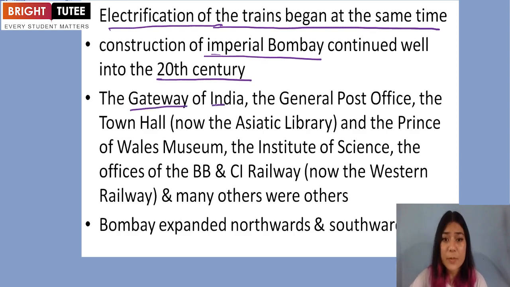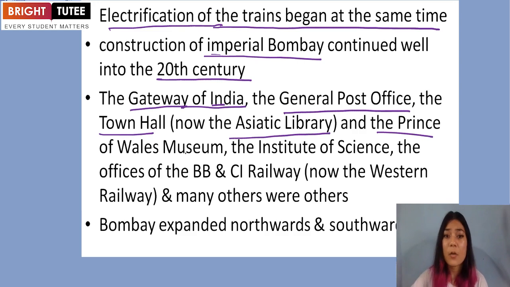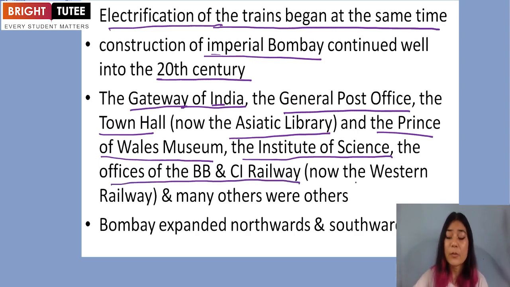They were the Gateway of India, the General Post Office, the Town Hall, which is now called the Asiatic Library, the Prince of Wales Museum, the Institute of Science, the office of the BB and CI Railway, now the Western Railway, and many other buildings. Apart from the construction of these imperial buildings, Bombay expanded both towards the north as well as towards the south.